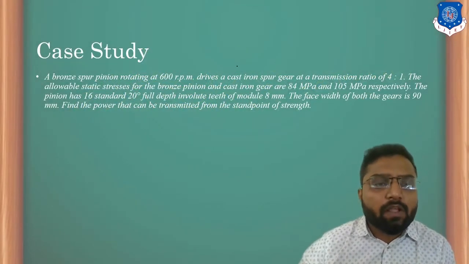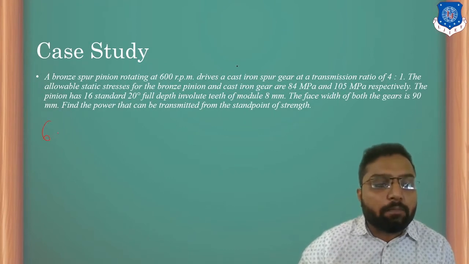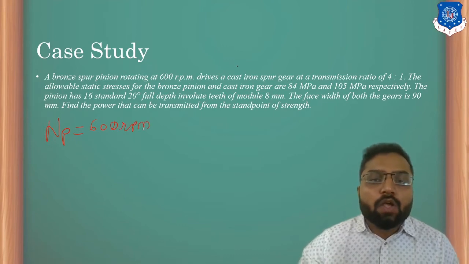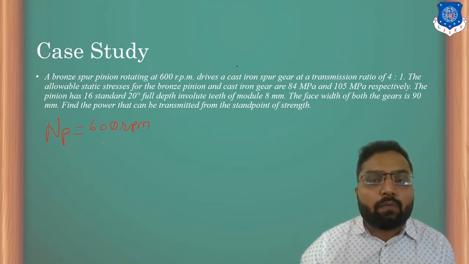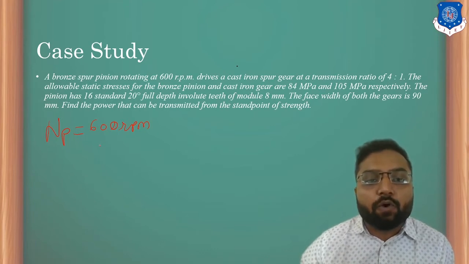Here we are given the RPM of this bronze pinion, or you can say spur gear, which is 600 RPM. It drives a cast iron spur gear at a transmission ratio of 4:1.